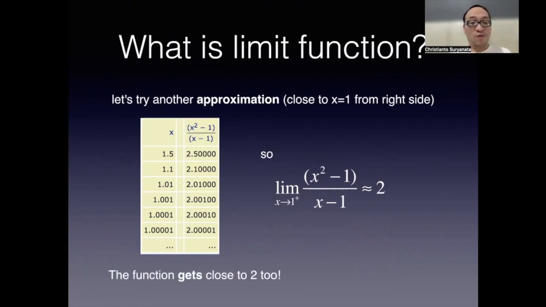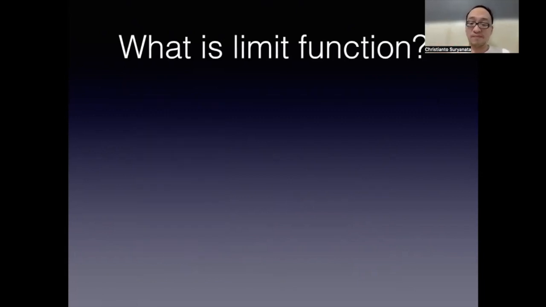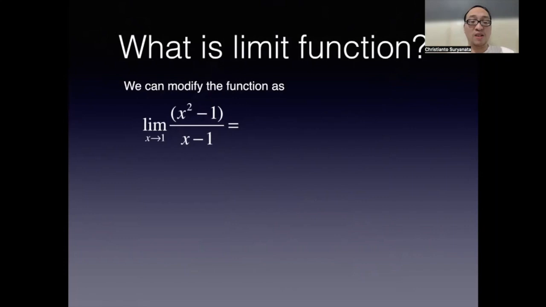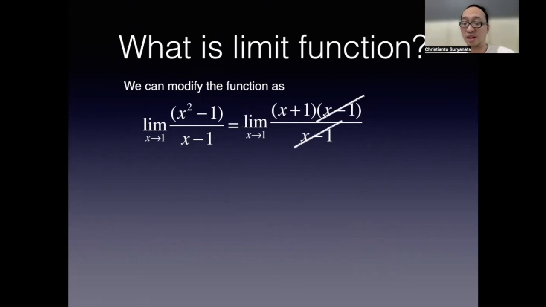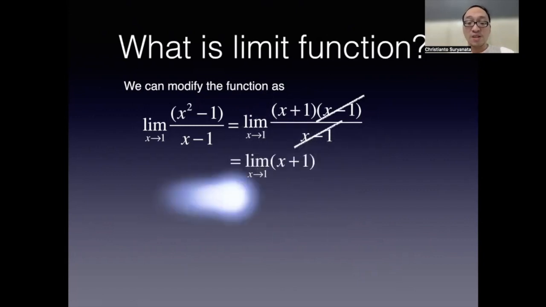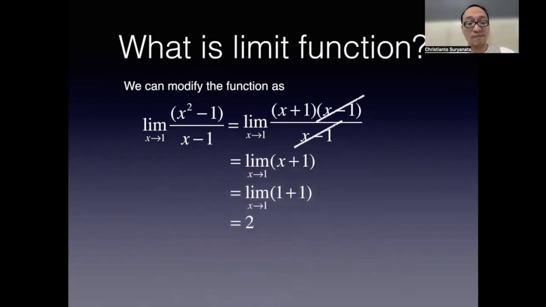So from these two approximations, we know that if we try to find the value around x equals 1, the function f(x) is getting close to 2. Now we try to modify the function. We factorize x squared minus 1 into x plus 1 and x minus 1, and then we can cancel x minus 1. So we simplify, it's only x plus 1.